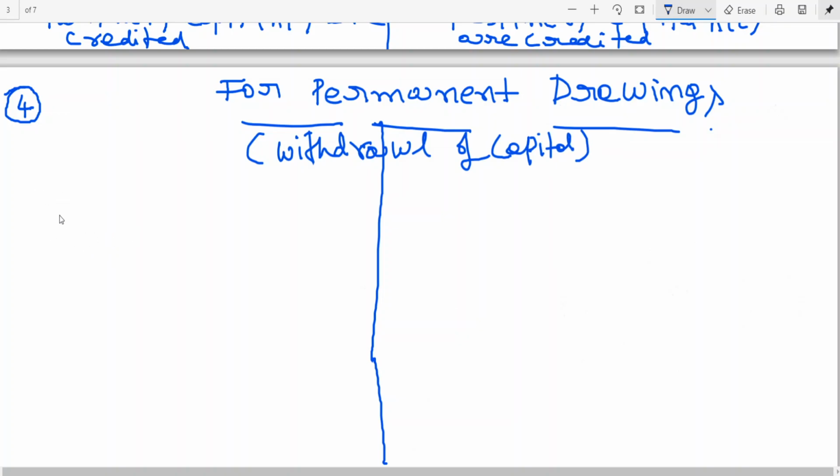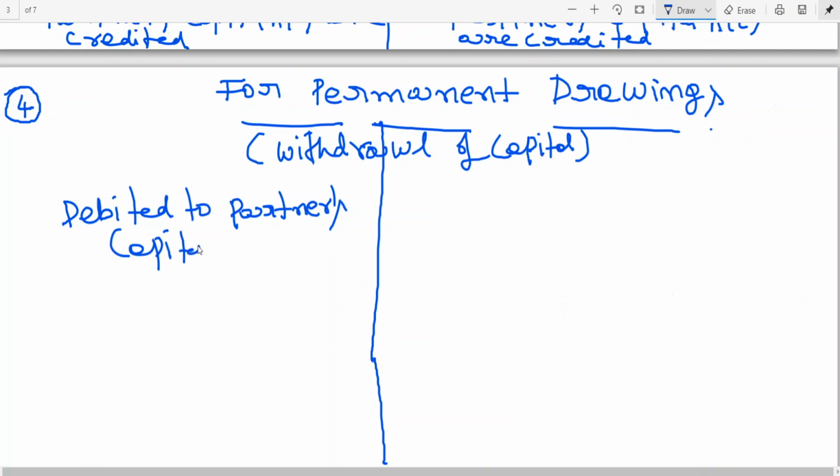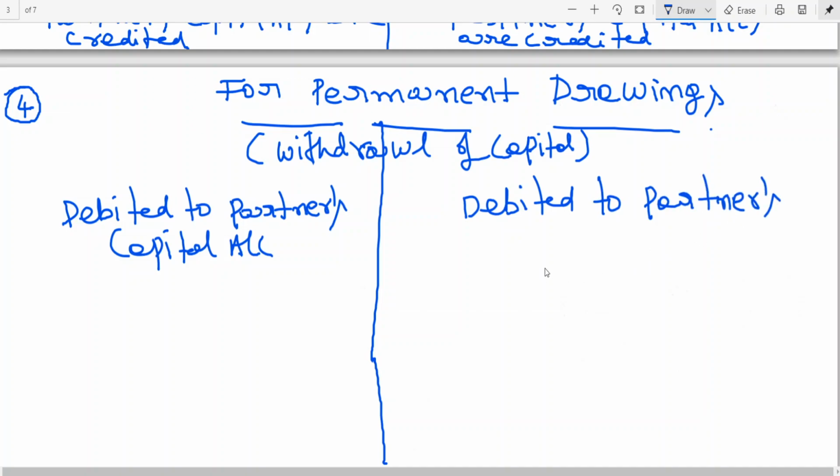For permanent drawings, the posting will be debited to the partner's capital account. Here, also in fluctuating capital, there is only one account, that is the capital account. The entry will be partner's capital account debit to cash account. Why am I not giving the entry? Because anyhow I will be opening the capital account to explain the concept.